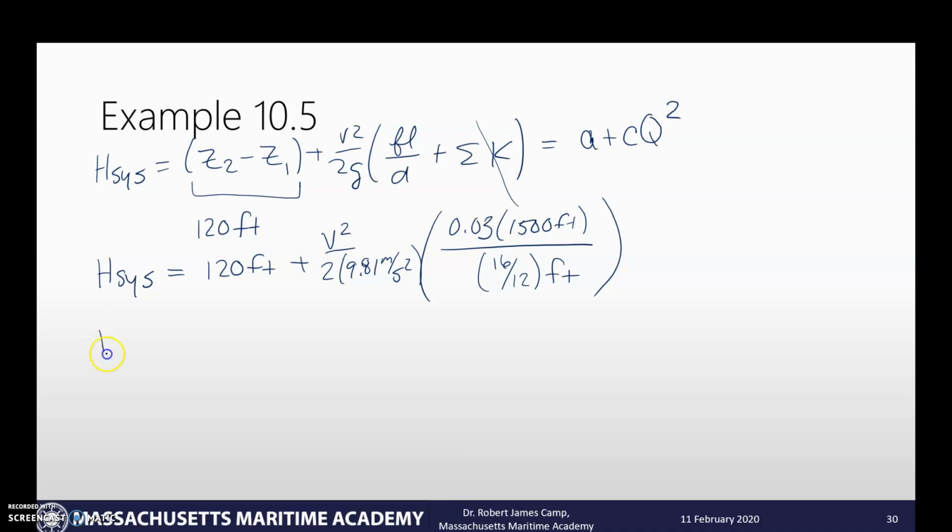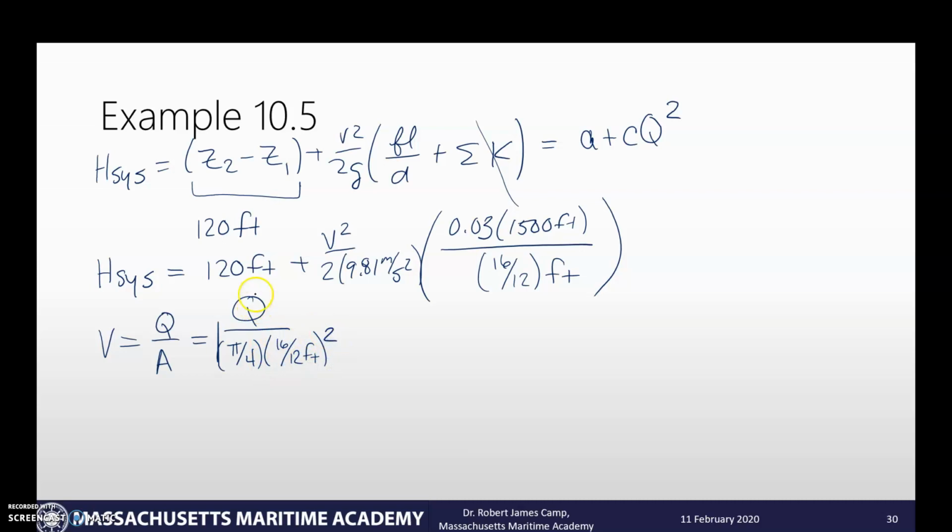So how do we do that? Well, V is equal to Q divided by the area. So for V, I'm going to plug in Q over the area, which is pi over 4 times 16 divided by 12 feet, squared.